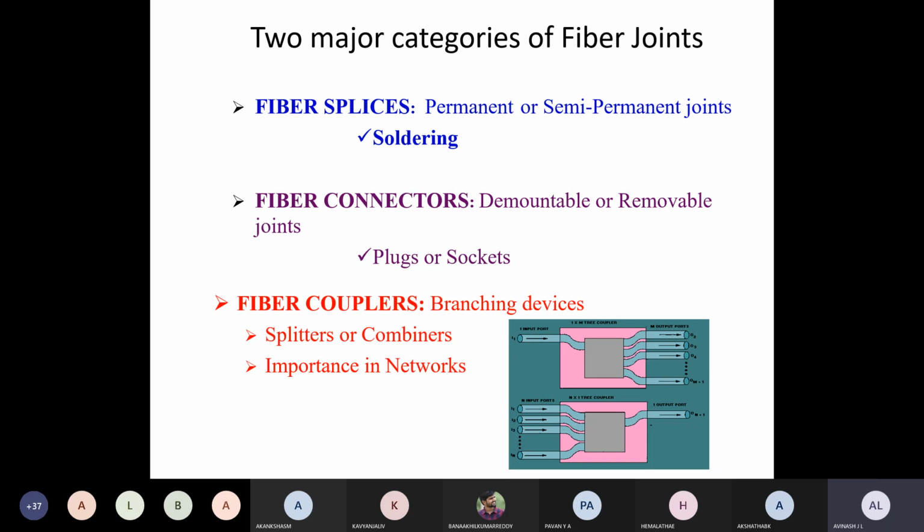In the diagram below, you can see that one signal is coming in as an input and multiple signals are going out as output. That is called a splitter. Combiners are just the reverse process. Many signals are coming in and it will make them one signal. It is something like n is to 1 multiplexing.